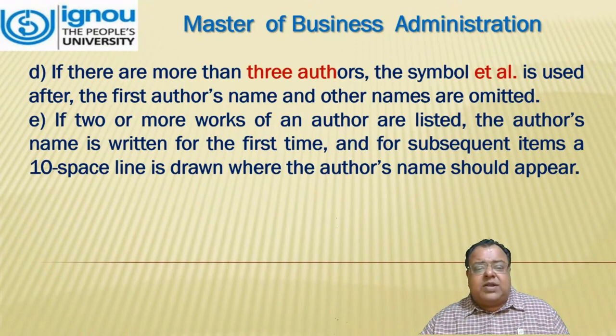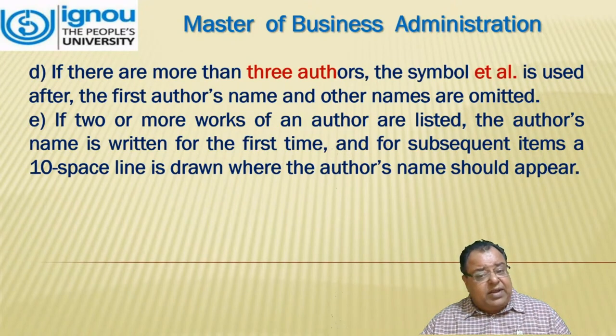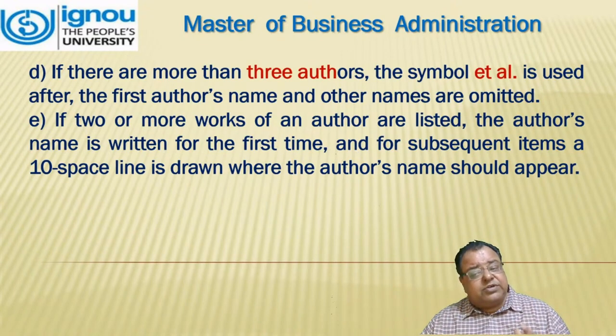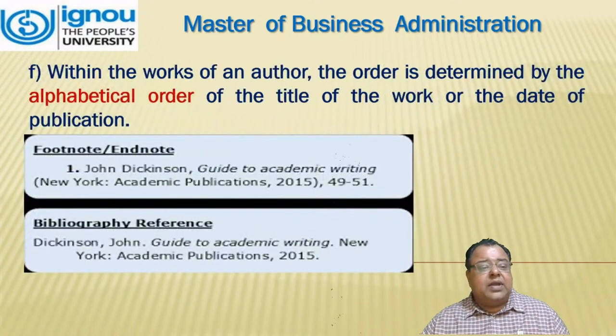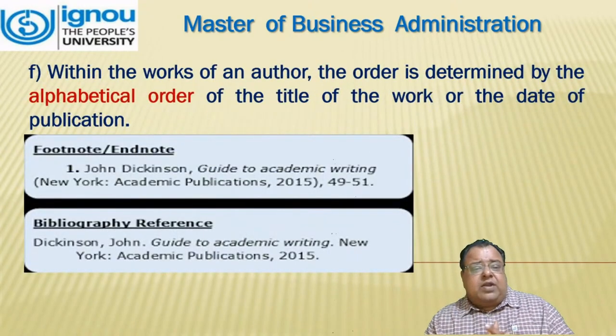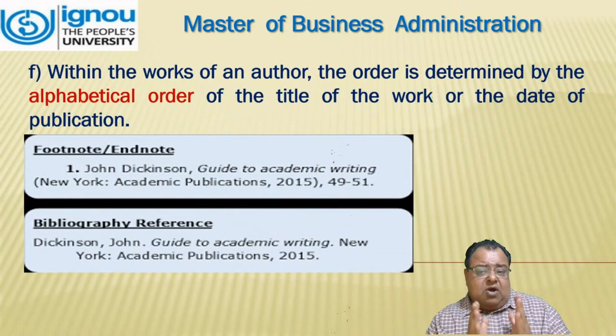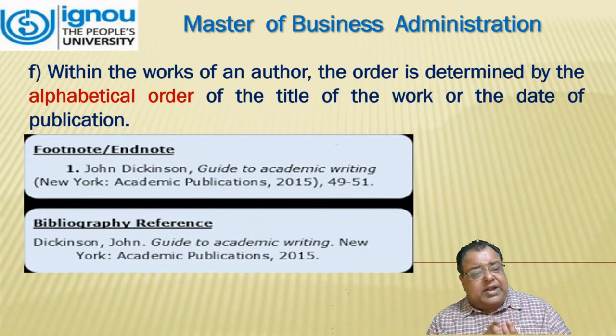If two or more works of an author are listed, the author's name is written the first time, and for subsequent items, a 10 space line is given where the author's name should appear. Within the works of an author, the order is determined by the alphabetical order of the title of the work or the date of the publication.